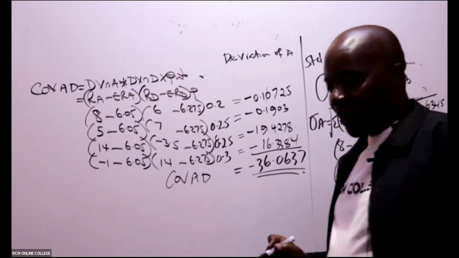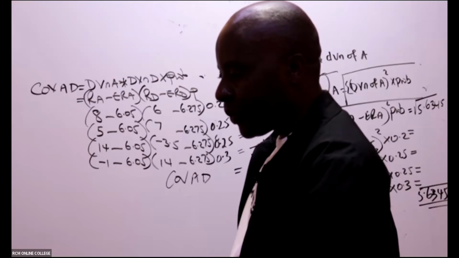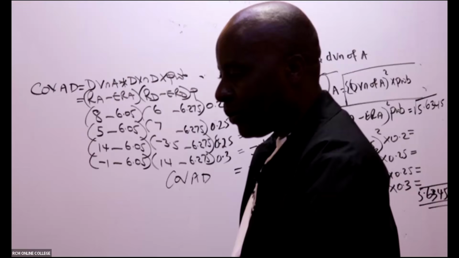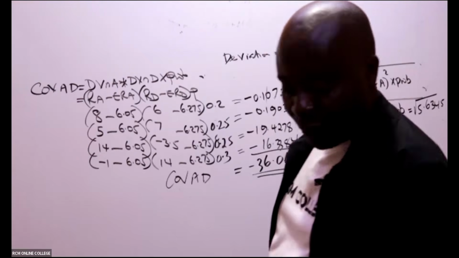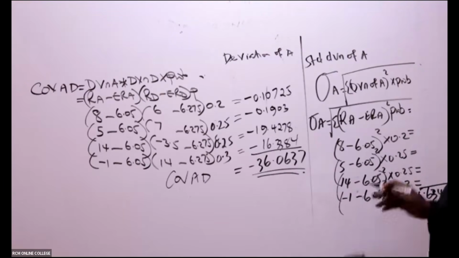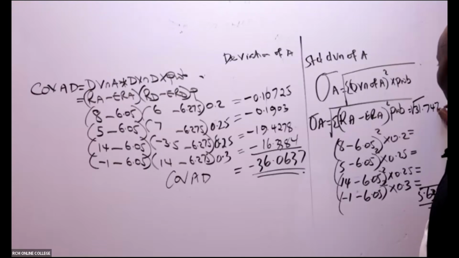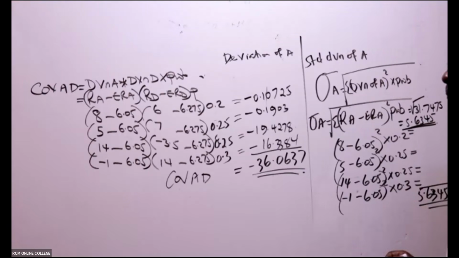Remember, after you get that total, you must take the square root. It's supposed to be 31.7475. So the final answer here, this standard deviation of A, is the square root of 31.7475, which gives 5.6345. Thank you so much.